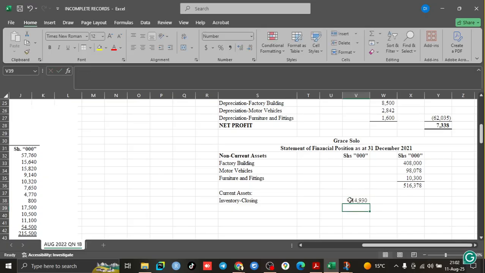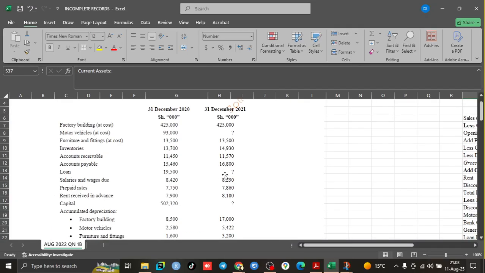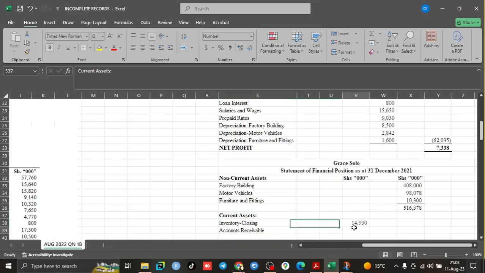Accounts receivable as well, closing. You can see these were very direct. It was a case of just taking them to the workings. Accounts receivable is 11,570.